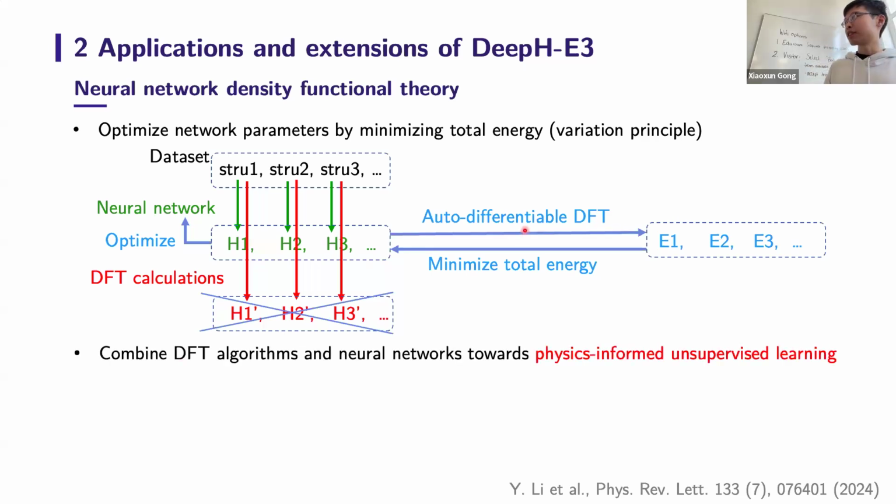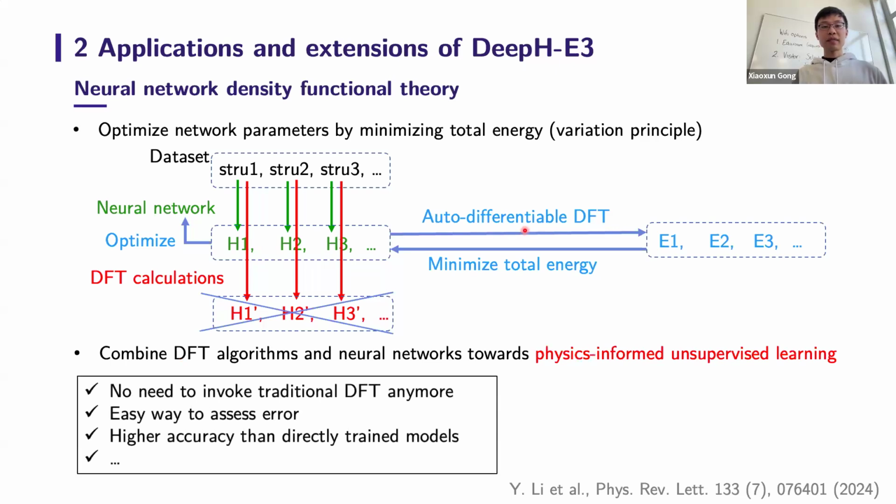This is what we call combining DFT algorithms and neural networks towards physics-informed unsupervised learning. There are many benefits of this workflow. The most straightforward is that we don't need to invoke traditional DFT anymore. And once we have this auto-differentiable DFT, we can also very easily assess our errors.